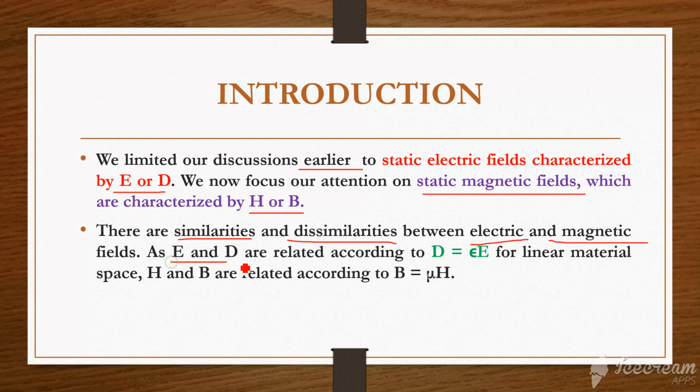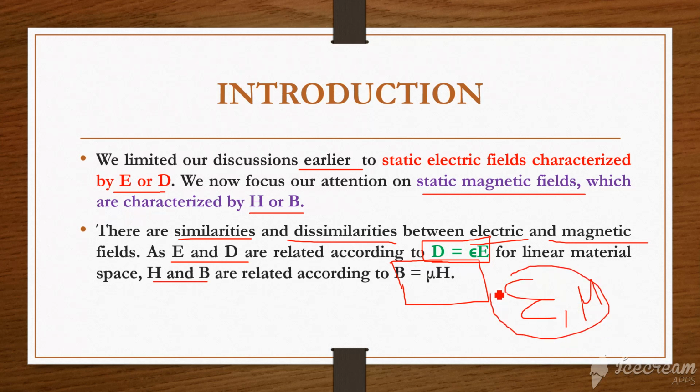E and D are related by the expression D is equal to epsilon E for linear space, and H and B are related by B is equal to mu H, where epsilon is the permittivity of the material and mu is the permeability of the material. These two are material properties.